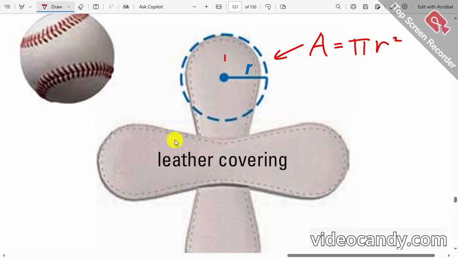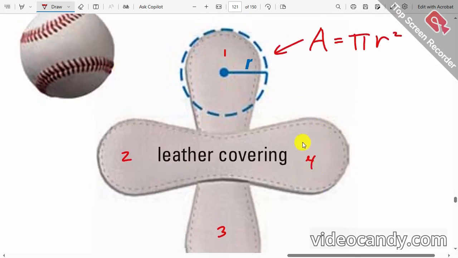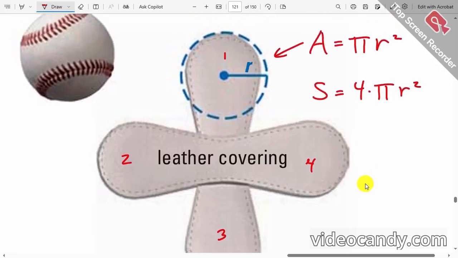And if we have 1, 2, 3, 4 circles to wrap around the baseball, the surface area for the sphere is going to be 4 times pi r squared. So that's where the formula comes from.